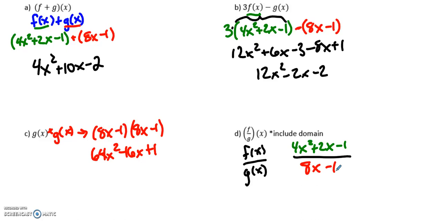Now I could see if the top factors and then try to reduce with the bottom. It's not going to reduce, so I'm not going to go through that process. I am, though, going to consider the domain. It asks for the domain here. And in this case, I'm going to say my domain is x does not equal positive 1/8. So I'm going to give the restriction as my answer, but it's the same idea. So I have my fraction as my answer and my domain restriction.